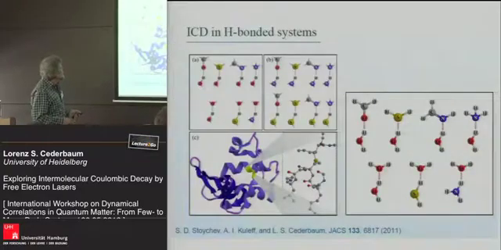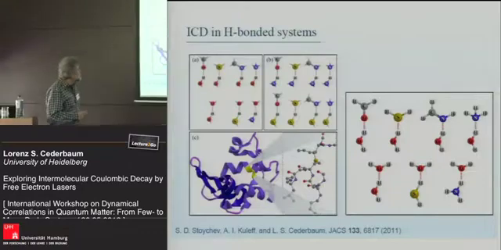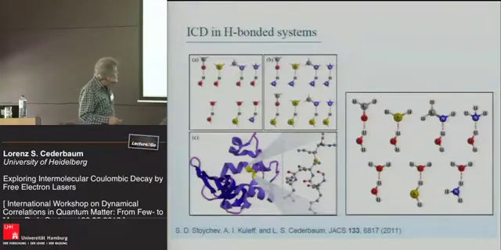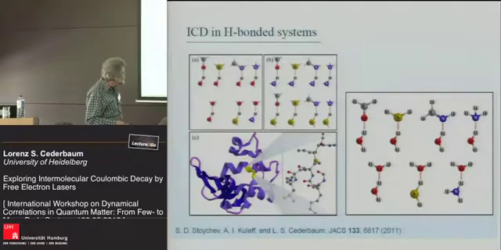Now, because of that, we had a look at building blocks of peptides or biochemically relevant systems. So there are hydrogen bonds, and I will not go too much into detail. We studied those 7 dimers, all with water. Let's take here H2S and water.